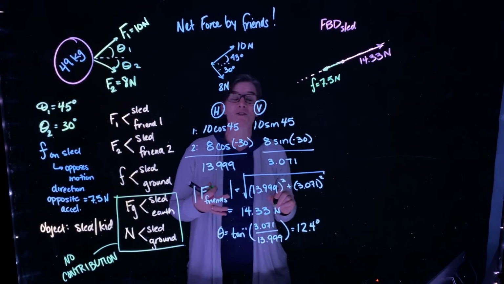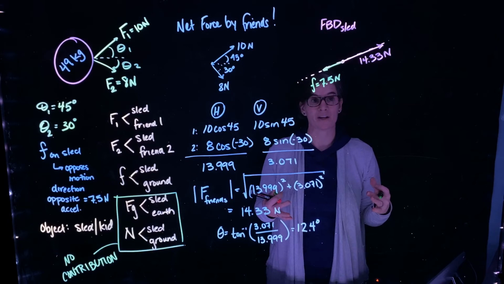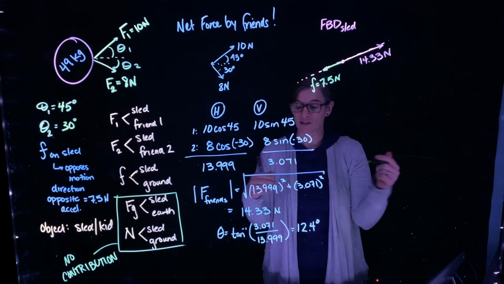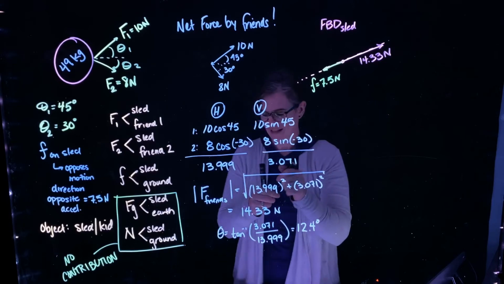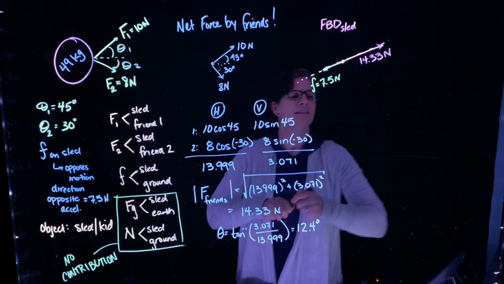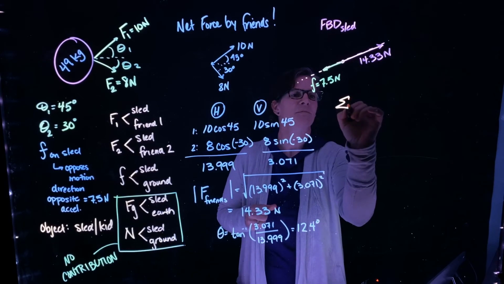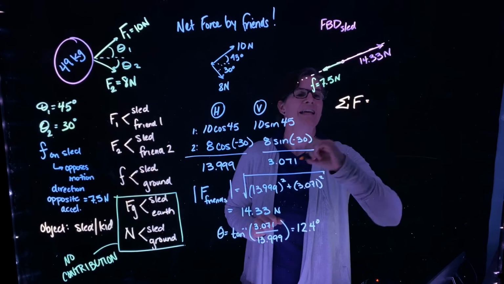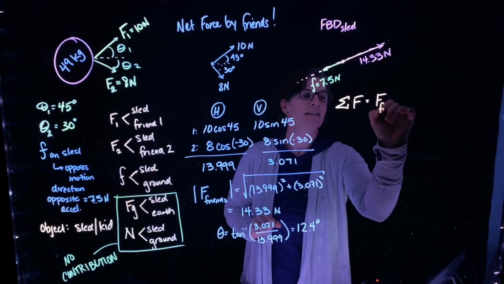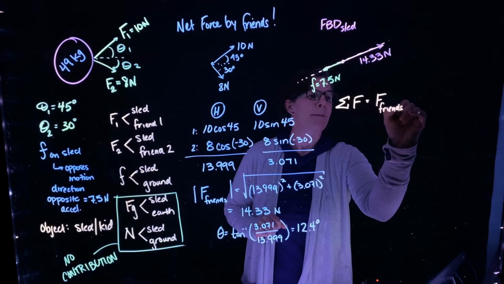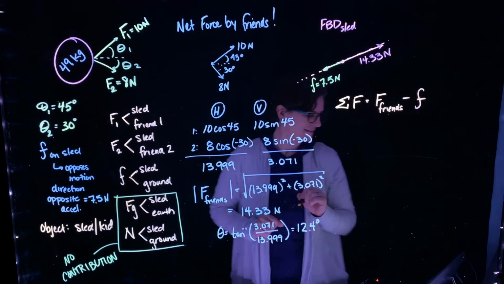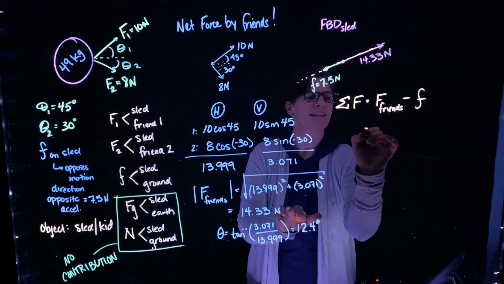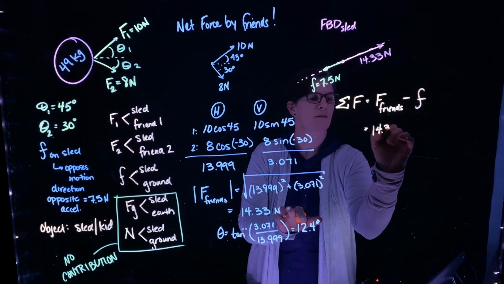And so we need to determine the magnitude of the acceleration. Well, now I'm along one dimension, so these forces are in the same dimension. The net force acting on this sled along this 12.4 degrees is equal to the force of the friends minus the frictional force acting on the sled. The force of the friends combined is 14.33.